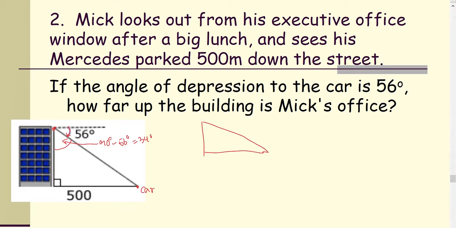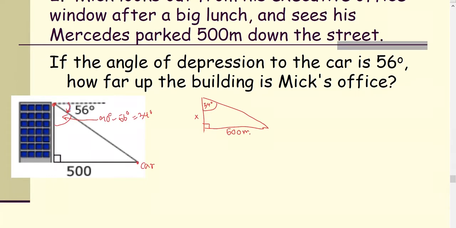Redraw the triangle. The angle is 34 degrees, and the side opposite to that angle is 500 meters. We are going to find the height of the building. Use the second definition of the trig functions. The opposite and the adjacent, we can form the tangent function: tangent 34 degrees equals the opposite, which is 500, divided by x.